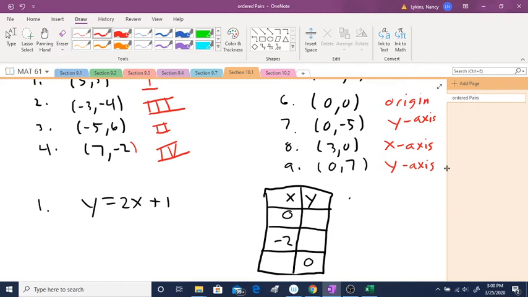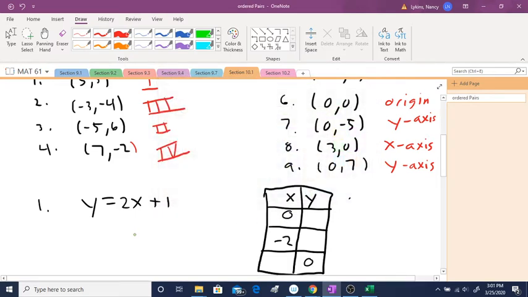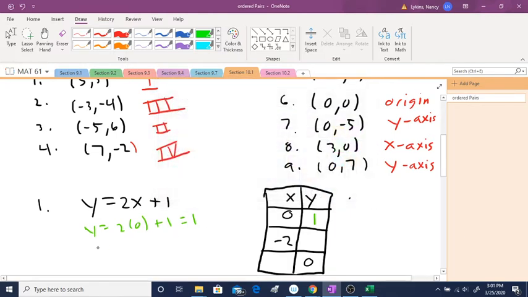Anytime they give you an x, it's really simple, in my opinion, because when x is 0, y equals 2 times 0 plus 1. 2 times 0 is 0, plus 1 is 1, so (0, 1). If I look at negative 2, 2 times negative 2 plus 1 equals negative 4 plus 1, that's negative 3.